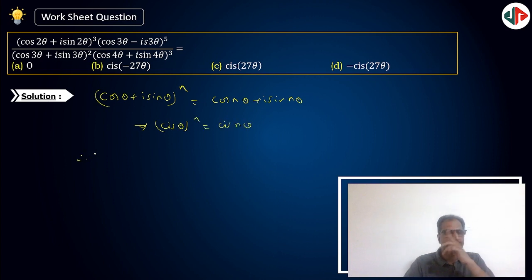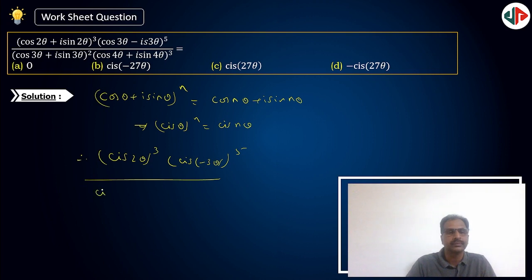Therefore, the given value is (cis 2 theta) whole cube, (cis of minus 3 theta) whole power 5, divided by (cis 3 theta) whole square, (cis 4 theta) whole cube.